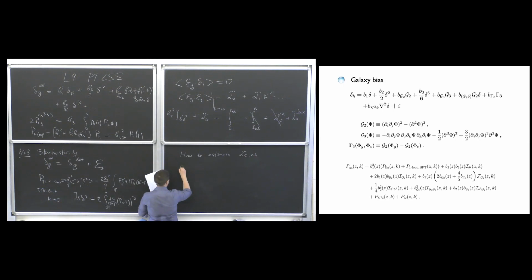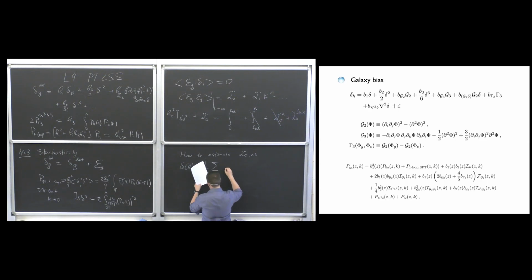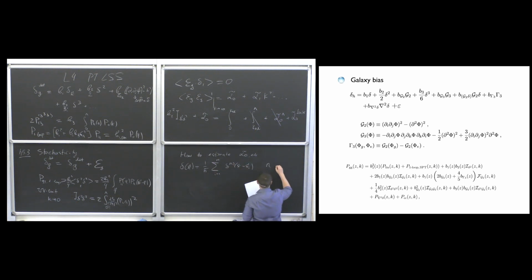If we have a random collection of particles, we can compute the overdensity field. So we have, let me use capital N, random particles.